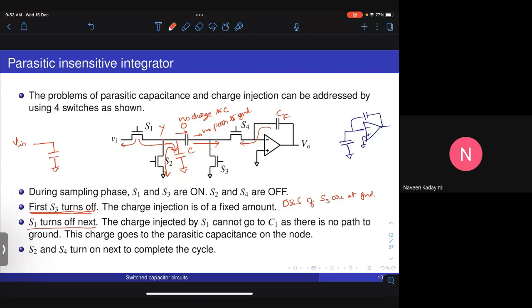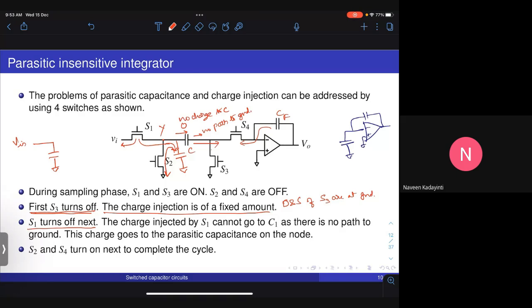Okay. Whatever is taken from C, in some sense, it compensates for the charge injected by S3. You remember when first S3 turned off, it injected a fixed amount of charge onto the capacitor. Now some of that fixed amount of charge will be taken out in order to establish an inversion layer in S4. Okay.